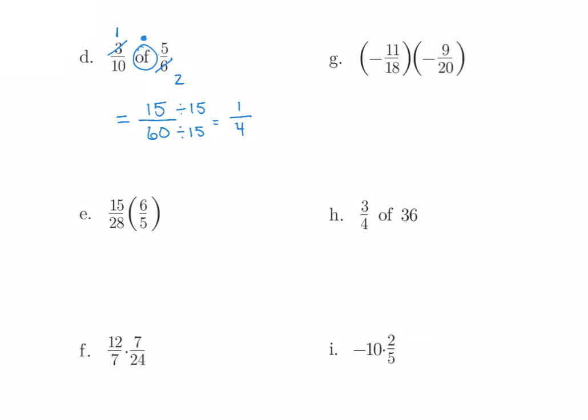So if we divide 5 by 5, we get 1. If we divide 10 by 5, we get 2. And now working with the numbers that we have now, if we multiply straight across, we get 1 times 1 is 1 over 2 times 2 is 4. And so notice that we're going to get the same answer either way.